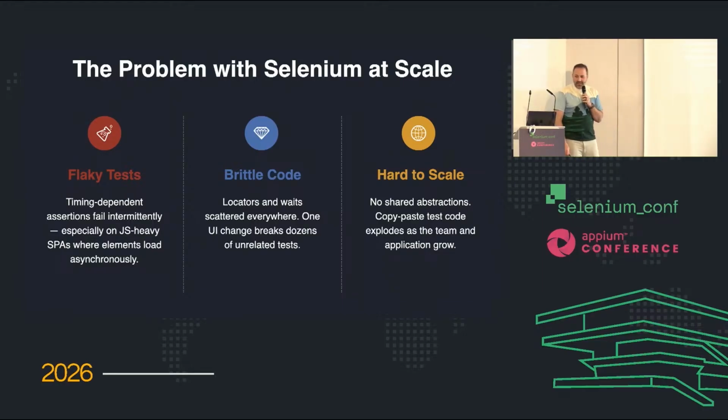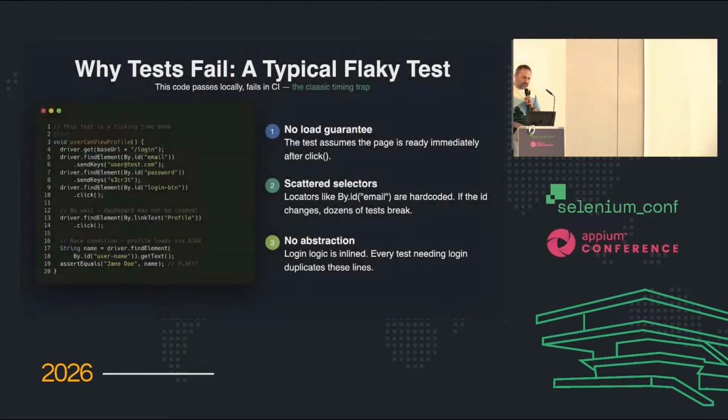Besides this, let's see how we can handle some of these cases. So this is a typical case of very, very brittle code because it does some actions, it doesn't wait for anything, it just uses hard-coded selectors, and there is zero abstraction.